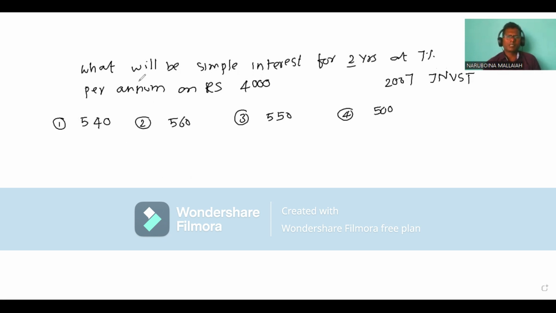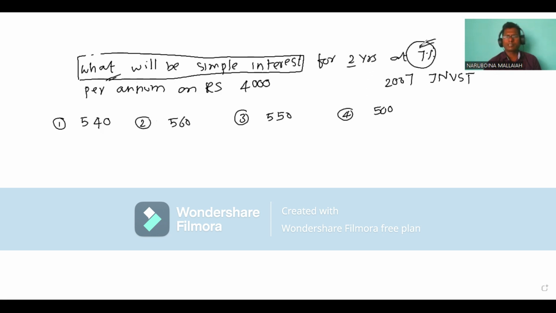See, first observe the question part. What will be the simple interest? Whenever you are asked to find simple interest, observe the numbers present in this question. Here I have my number 7. Yes, this number is enough to get the answer.